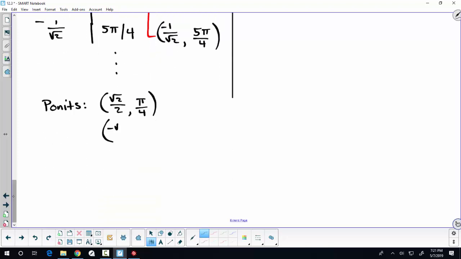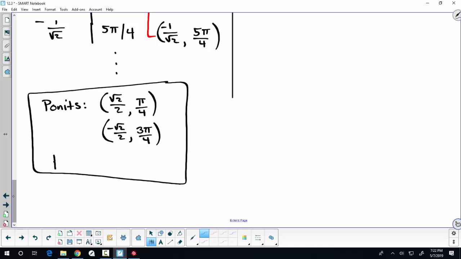Negative root 2 over 2, 3 pi over 4. Those are for the horizontal tangent. Top and bottom of the circle.